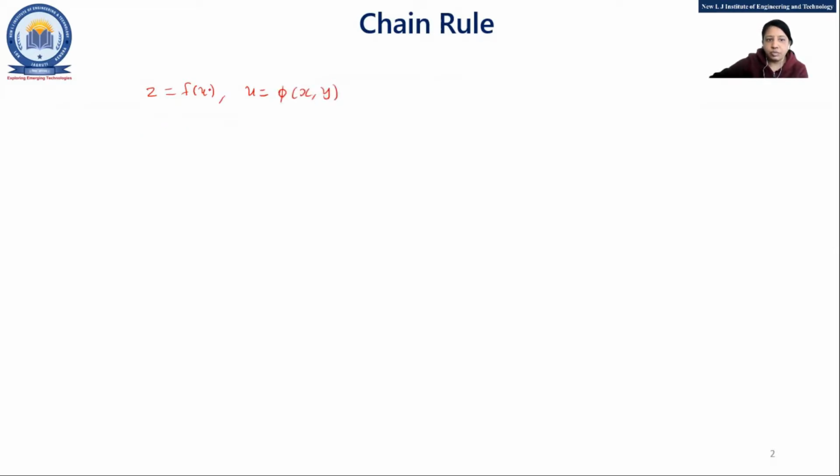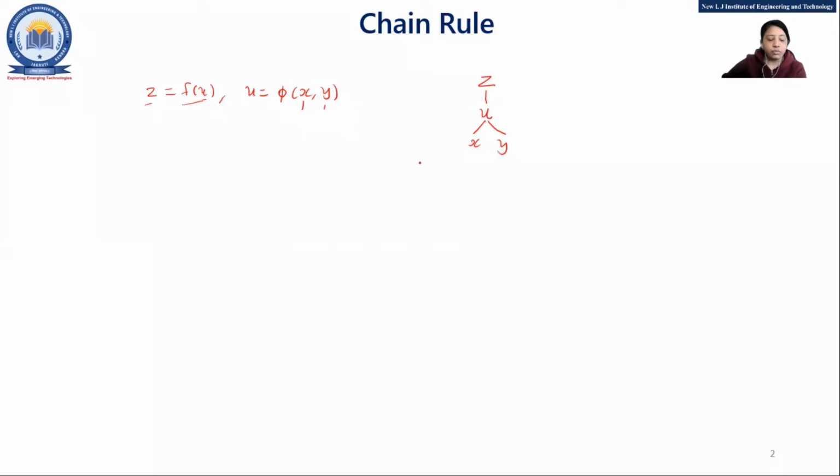This is just given. Z depends upon u because z is f of u, and u is a function of x, y, so z will depend upon x, y both.